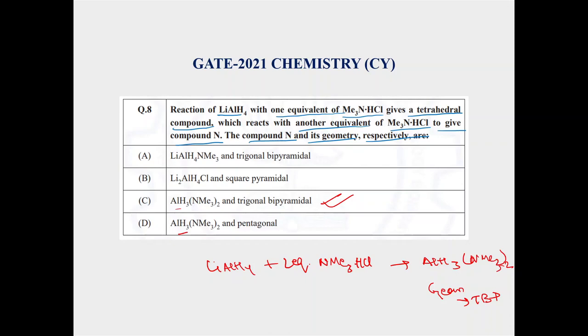And the reason for TBP geometry: we know this. For one bond pair, the geometry is linear. For three bond pairs, the geometry is trigonal planar.